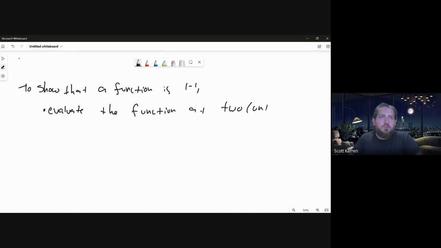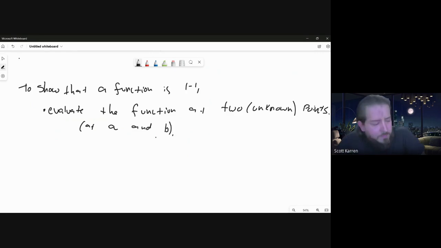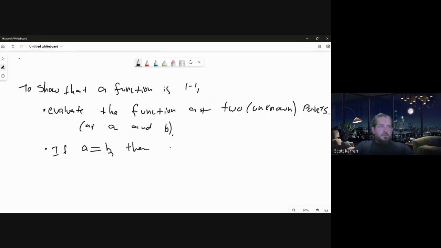There are going to be two unknown valued points. So we'll say at just A and then at B. And then if you can show that A has to be equal to B, then it's one-to-one, right? So what does that mean?